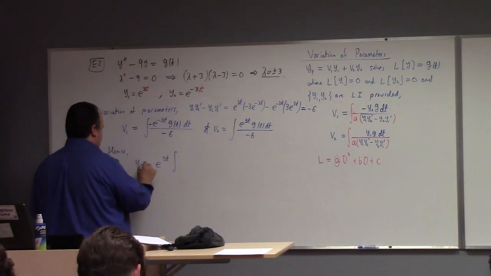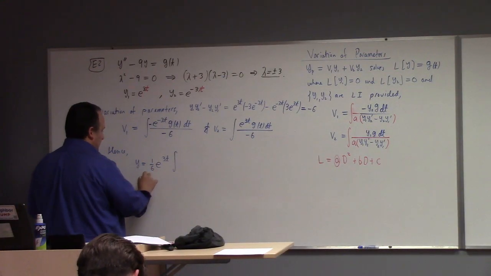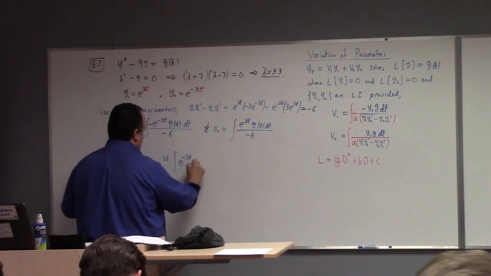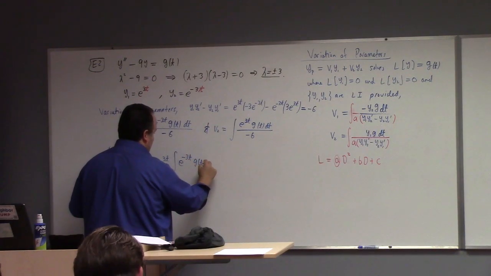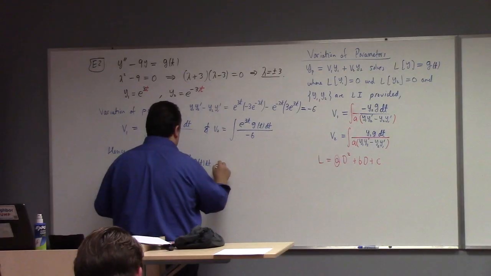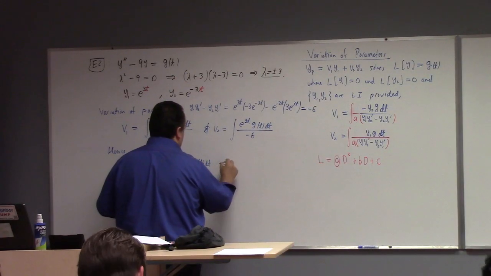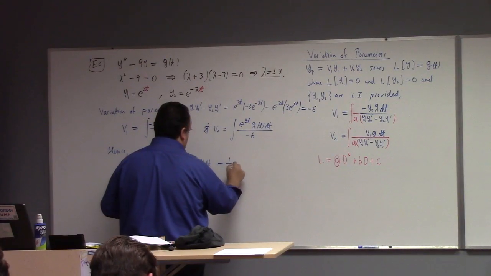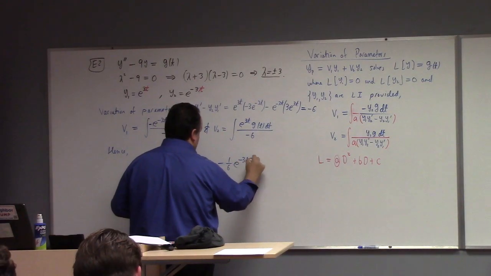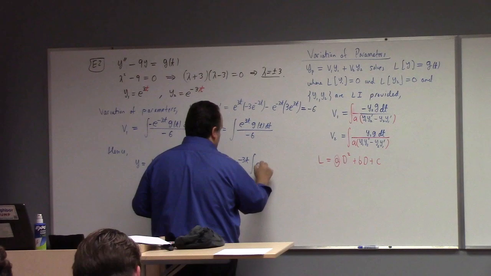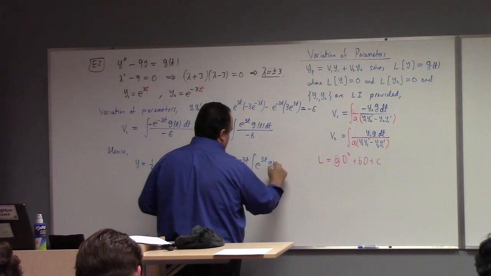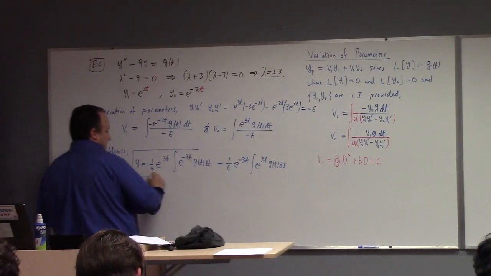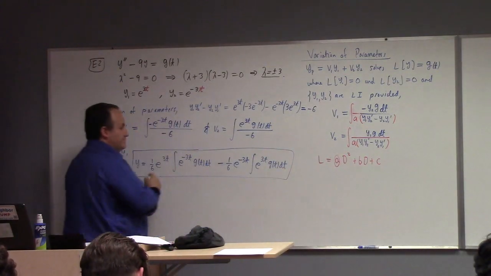I feel like it belongs outside. 1/6 there, e to the minus 3t g of t dt, plus, I guess I could do minus, right? Pull the minus out too. Minus 1/6 e to the minus 3t times the integral of e to the 3t g of t dt. And there you go. That is the integral solution to this problem.